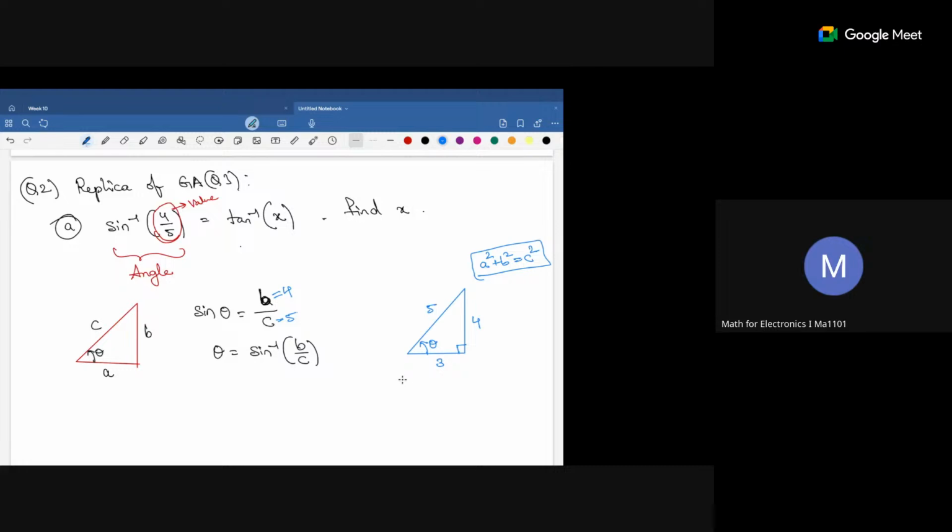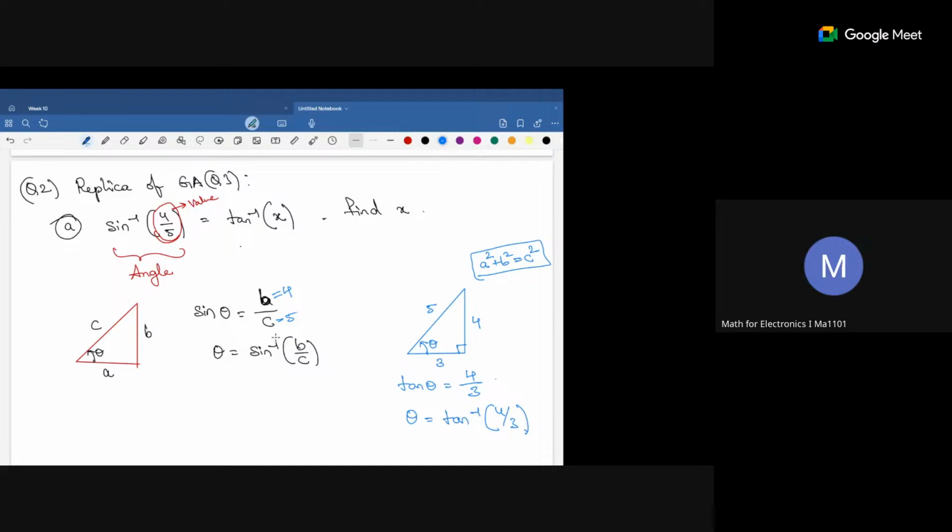Now you can write down what tan theta is. So tan theta is perpendicular upon base, opposite by adjacent. Now from here I can compute theta in terms of tan inverse. So this is tan inverse of 4 by 3. Correct.